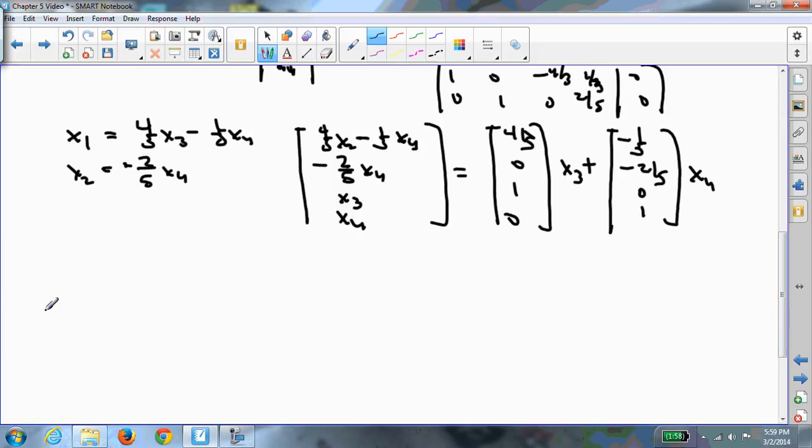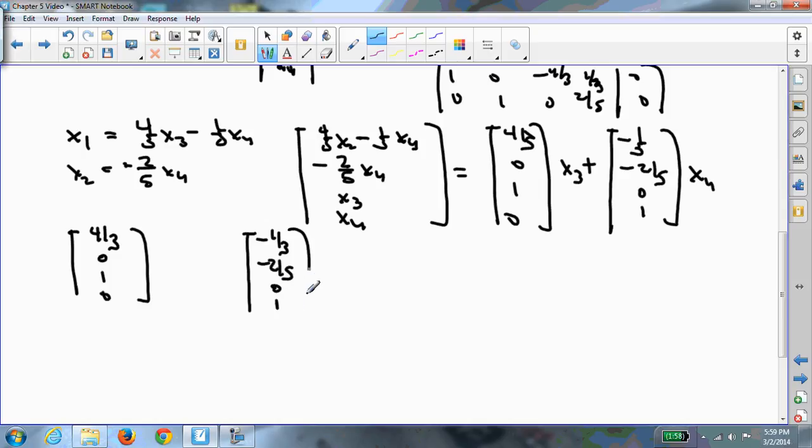So my two linearly independent vectors would be 4 thirds, 0, 1, and 0, and negative 1 third, negative 2 fifths, 0, and 1.